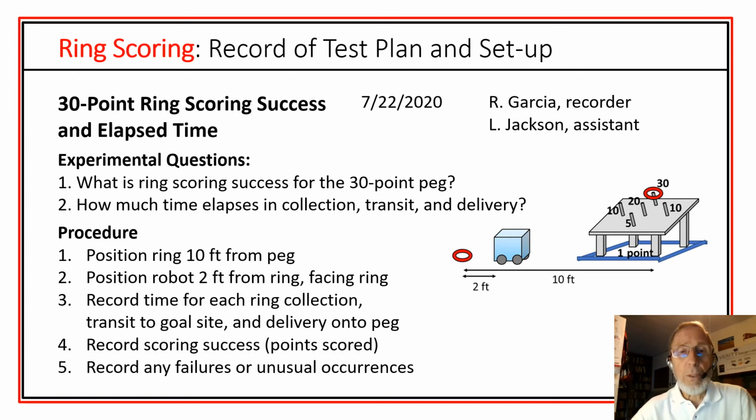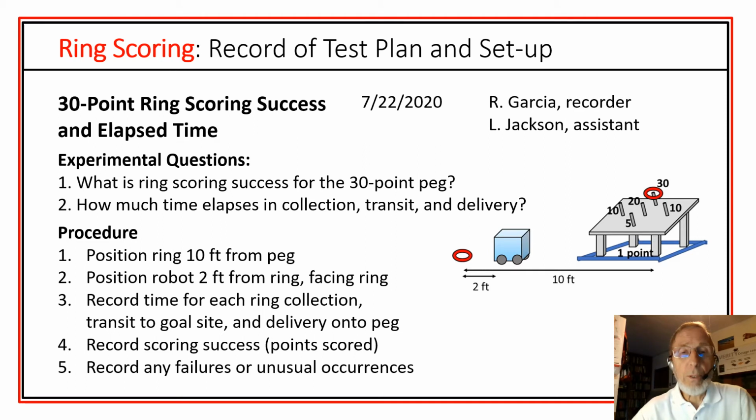Step one here is define where we're going to put the ring. Number two, where are we going to put the robot? We need these to be consistent so that we have data that we can say fits a certain test condition. We then run the test. We record the time for ring collection, for its transit over to the site where the goal is, and its delivery onto the peg.